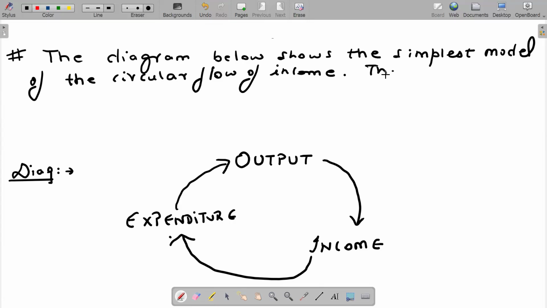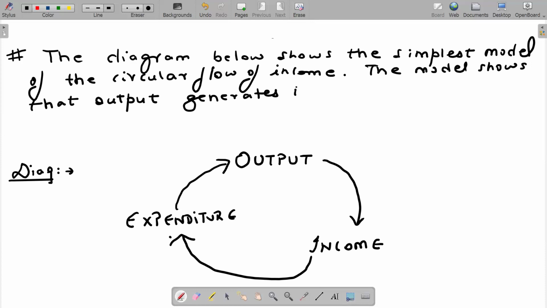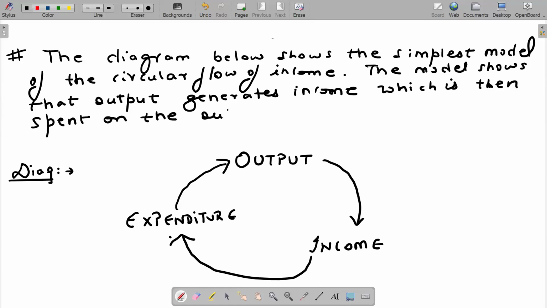The model shows that output generates income, which is then spent on the output. Output in the economy will generate income, and that income will then be spent on the output.